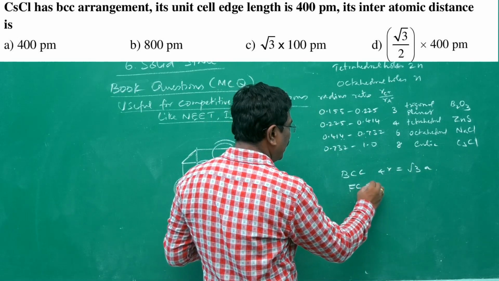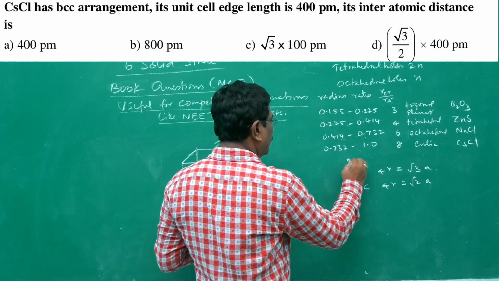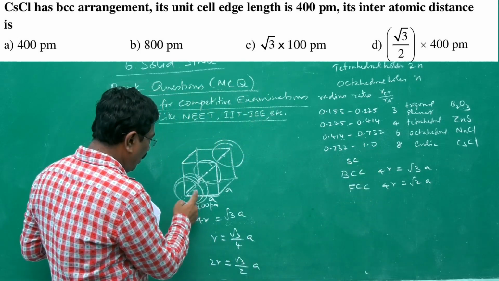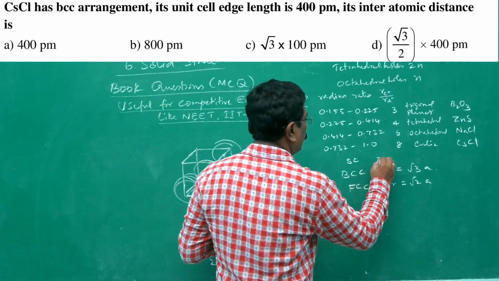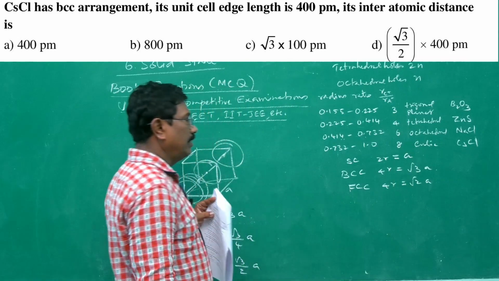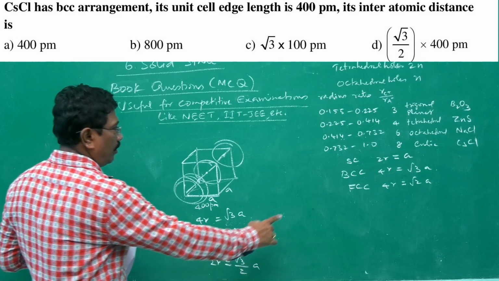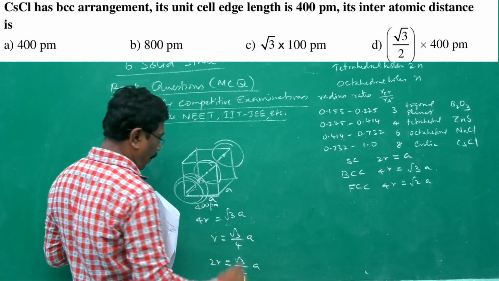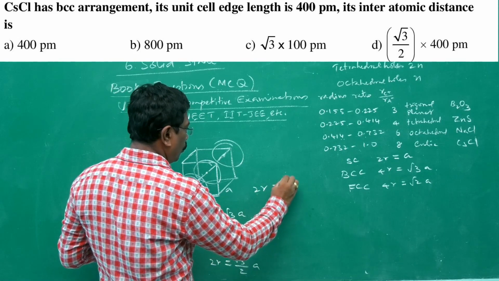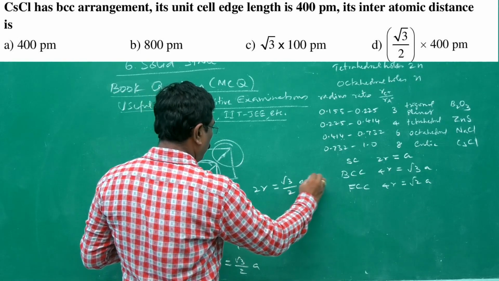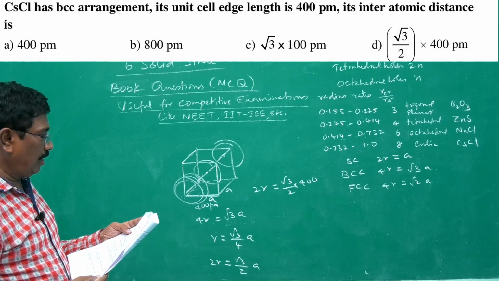And in FCC, 4r is equal to root 2a, that we should know. And for simple cubic, 2r is equal to a, that's all. So now for body center, 2r is equal to root 3 by 2 a. a is given as 400. So 2r, which is asked, is equal to root 3 by 2 into 400. So that's option D, root 3 by 2 into 400 picometer.